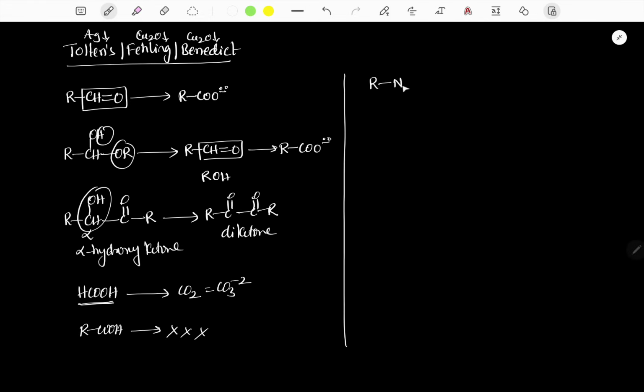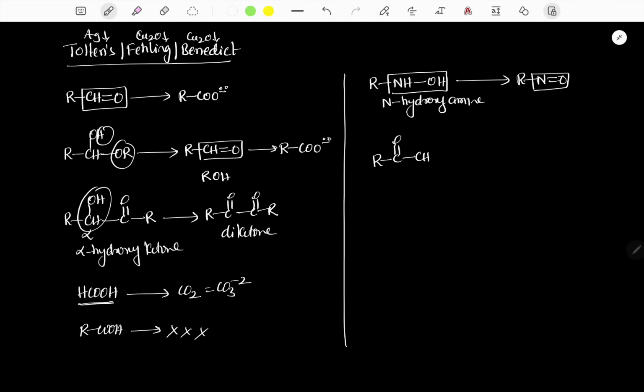Fifth functional group is N-hydroxyamine, where nitrogen contains hydroxy. With Tollens or Fehling or Benedict, it undergoes oxidation and gives the corresponding nitroso compound. Fifth functional group.